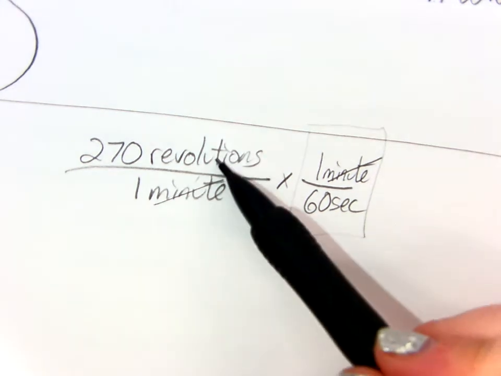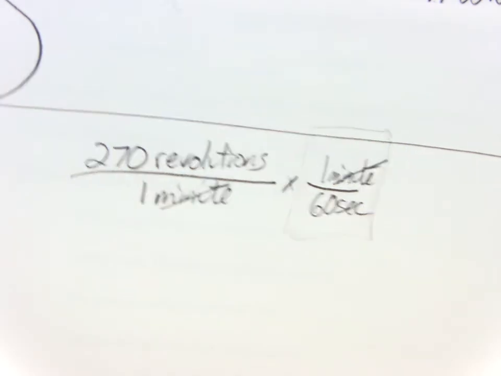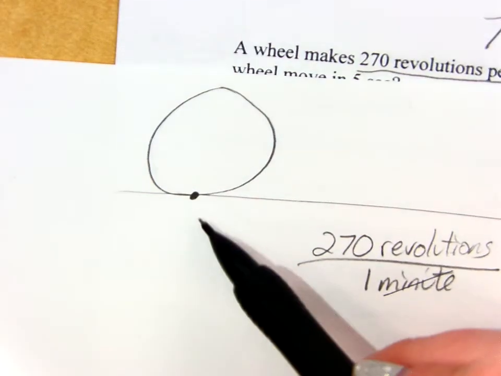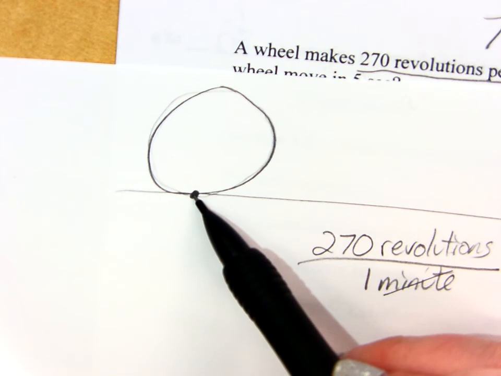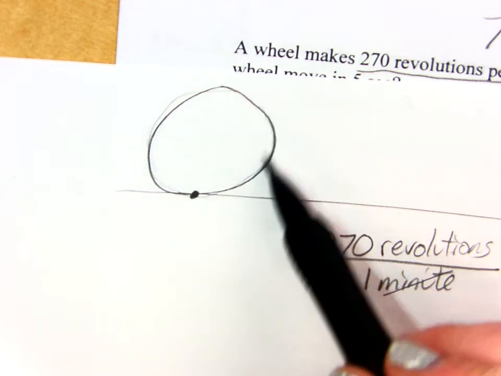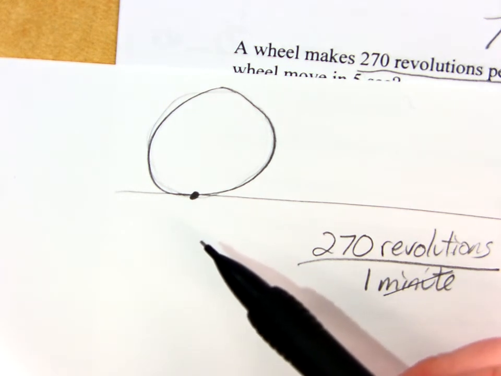So I need to change revolutions into degrees. Think about this. Look at the wheel. If it does 1 revolution, how many degrees is that? 360, exactly. So 1 revolution and 360 degrees are the same thing.